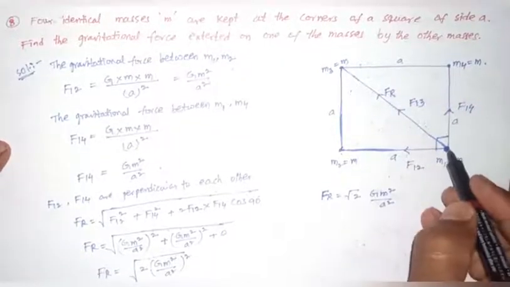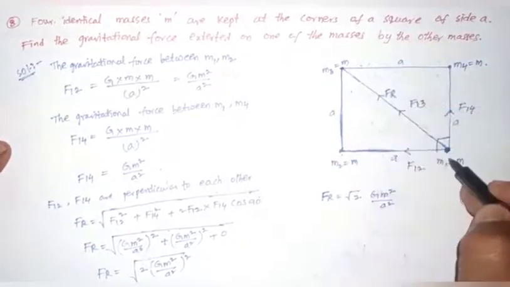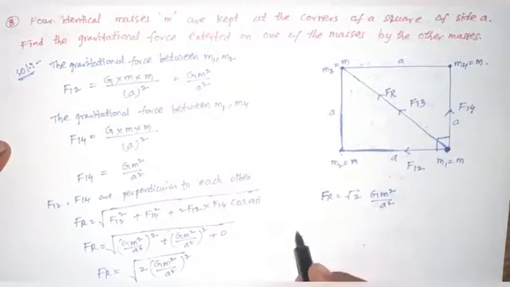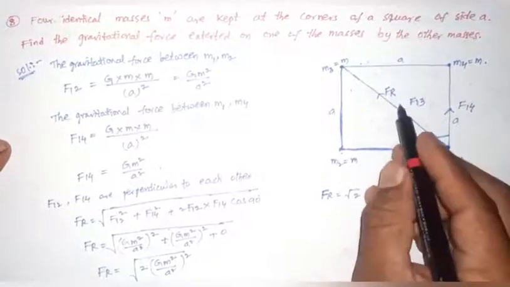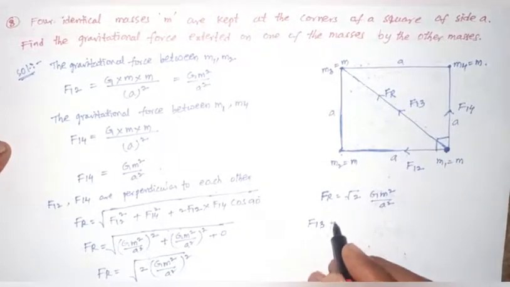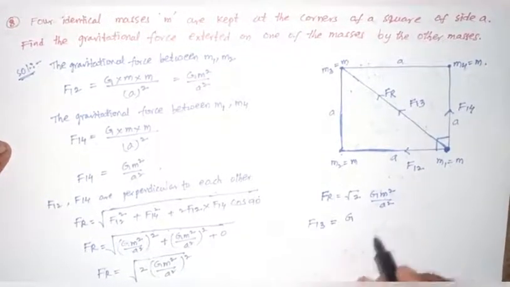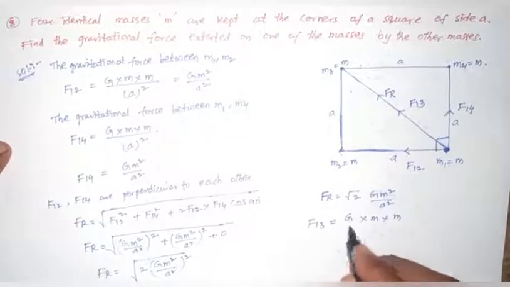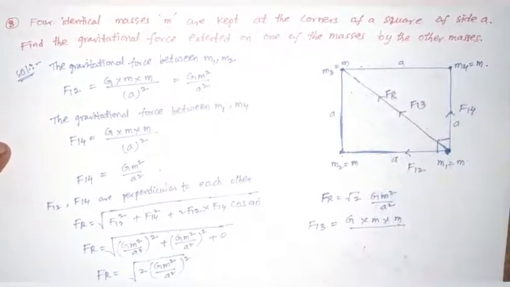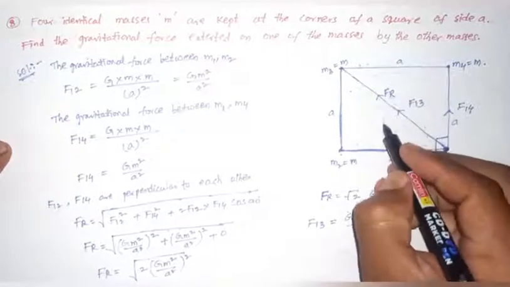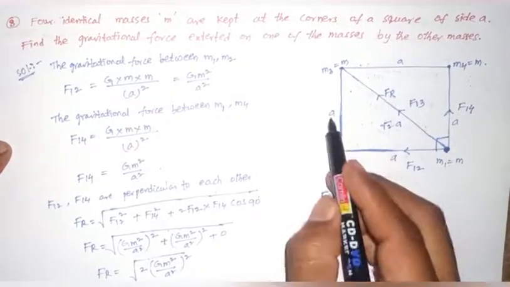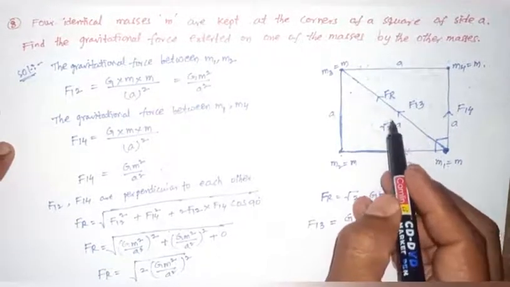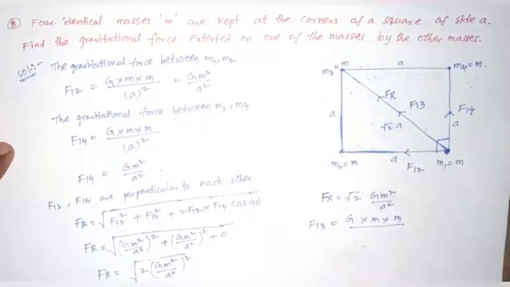Again, for the third mass, that is F13, F13 equals G m1 m3, that is m into m, divided by the distance between m1 and m3. By the Pythagoras theorem, this is root 2 into a: the square root of a square plus a square equals the square root of 2a square, which equals root 2 into a.